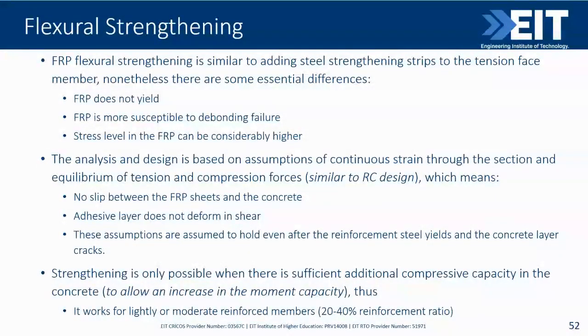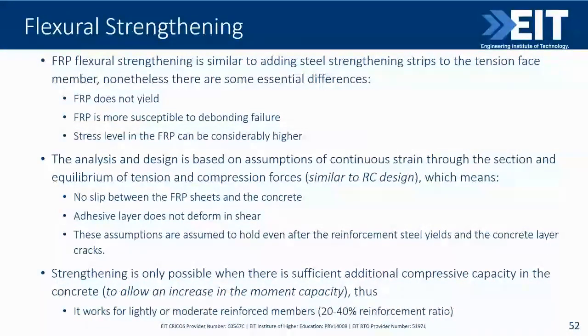But there are obviously some differences here. Besides the difference that with steel we need to add a massive amount of material, and the FRP will add very thin plies, and it will be easier and will not require stopping the functioning of the building.